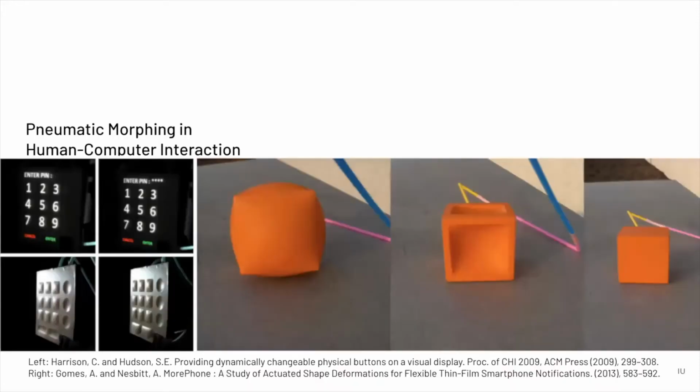flight experiment. In that context, pneumatic morphing is also catching up in the field of human-computer interaction. A lot of it has to do with either dynamic haptics or shape-changing to represent dynamic information. On the left, you see basically a screen.